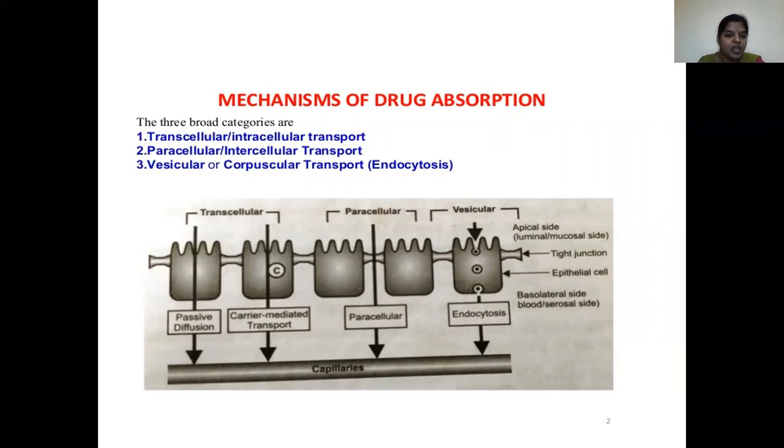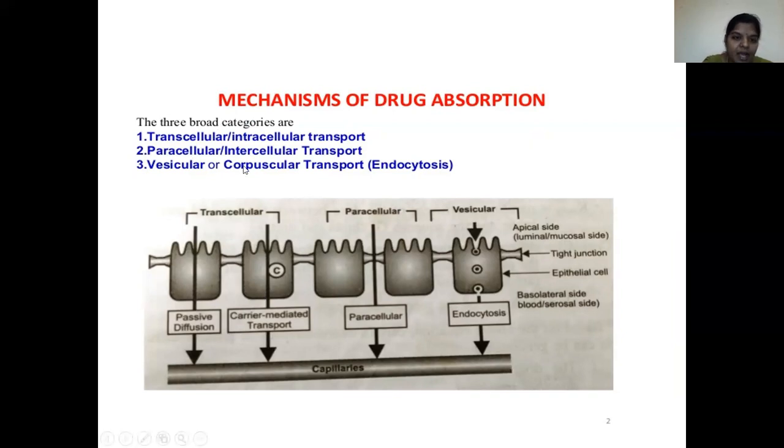Majorly, these mechanisms of drug absorption can be classified into 3 types. Transcellular, also called intracellular. The name itself indicates that the mechanism happens within the cell.